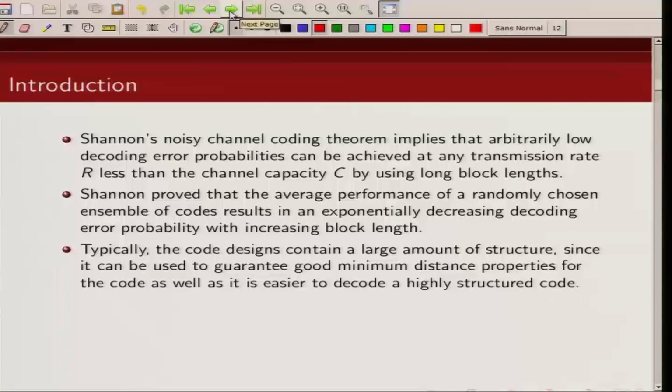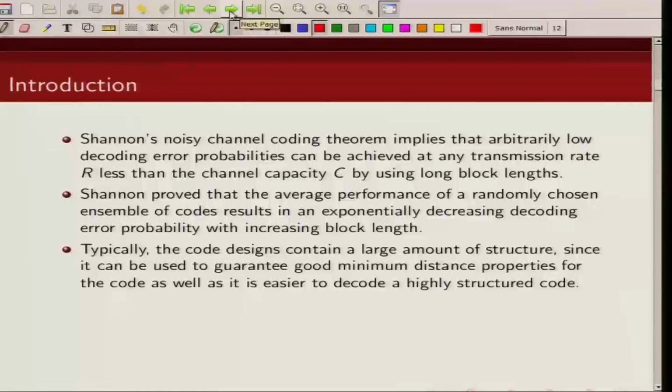So, how do you design a code which has enough randomness in it, but also enough structure which can be exploited for decoding the code? That is basically the challenge: to design a code which has good minimum distance, but which we are also able to decode.